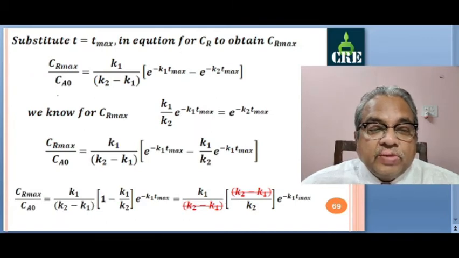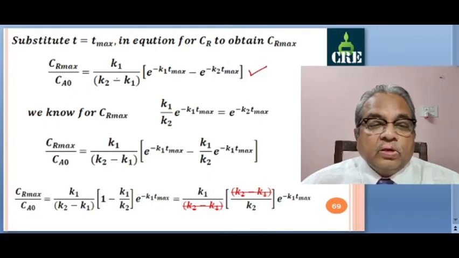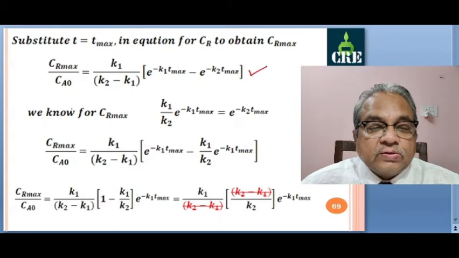Same equation. CR max by CA0, K1 by K2 minus K1, e raised to minus K1 T is replaced by T max, minus e raised to minus K2 T is replaced by T max. So this is the equation for CR max.